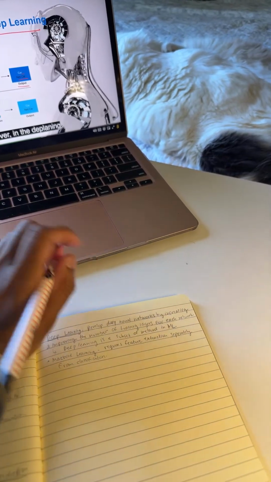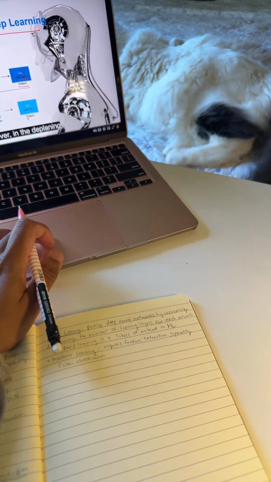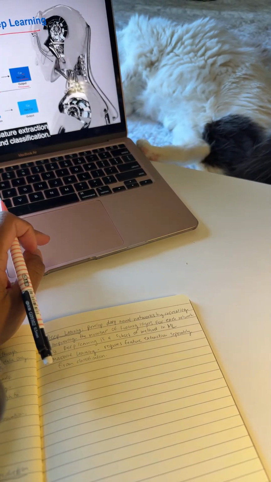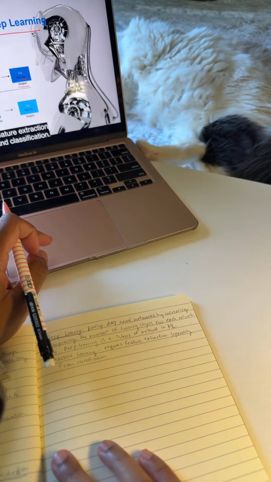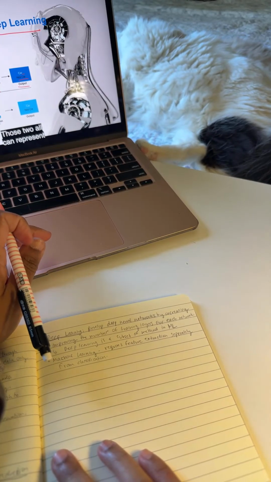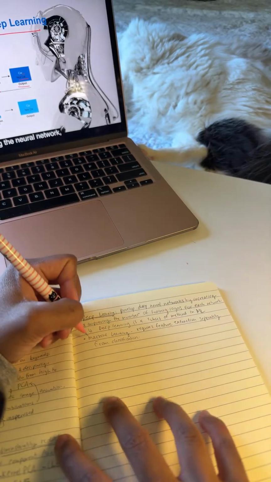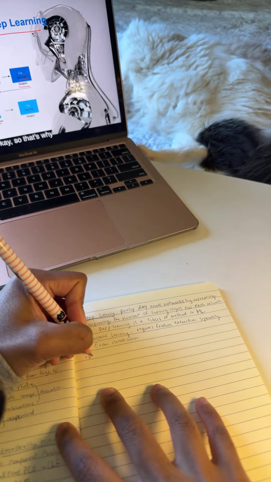However, in deep learning, we always start with a neural network. Feature extraction and classification can both be represented and combined together using the neural network, so they all learn together.